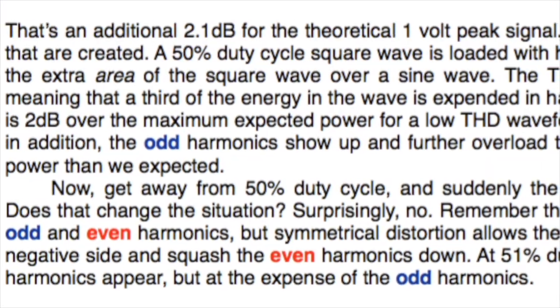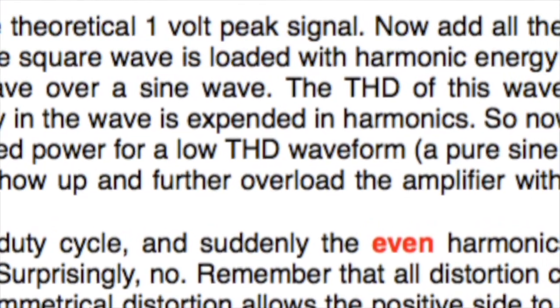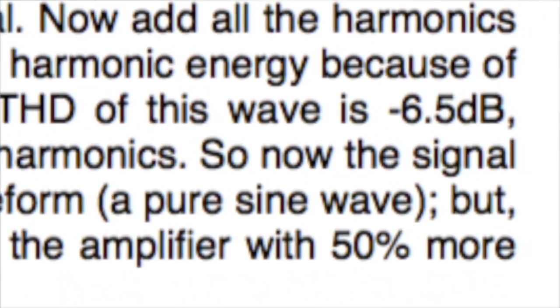The THD for a square wave, looking at 50 harmonics, is minus 6.5 dB. And I just say that in my book, minus 6.5 dB. But it's 50 harmonics. Now, everybody else measured it with some other number of harmonics. If you do only like 9 harmonics, you get like minus 7 something dB.